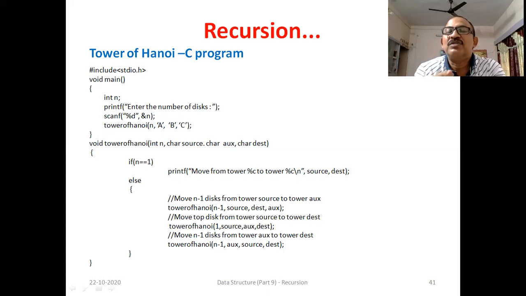Here, since the source is used as the auxiliary and the destination is fixed, meaning tower C. So this way we can write a C program for Tower of Hanoi, and the output of this program is the movement of the disks between the towers A, B, and C.